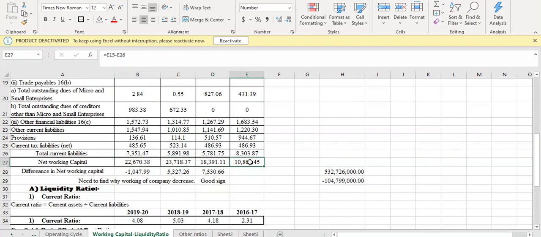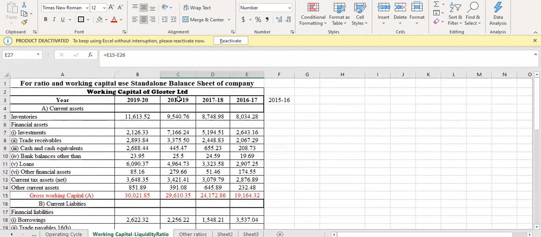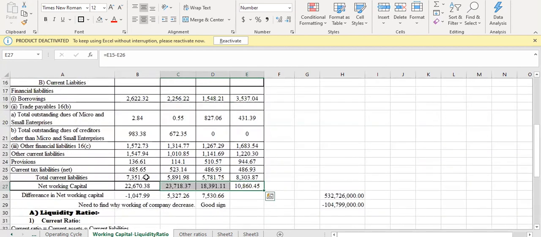So here you can see for Gloucester India, it is an increasing trend up to 2018-19, but in 19-20 it is slightly decreased. When you say a decrease, then you have to justify how much it has decreased. So here I have done a difference in the net working capital.